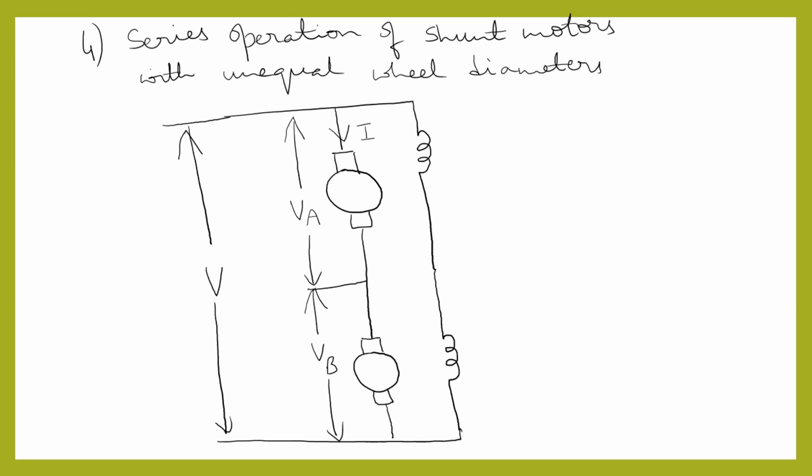So the circuit of series operation of shunt motors is as shown in the figure. This case is similar to that of series operation of series motors, and the same equation of VA and VB holds good.